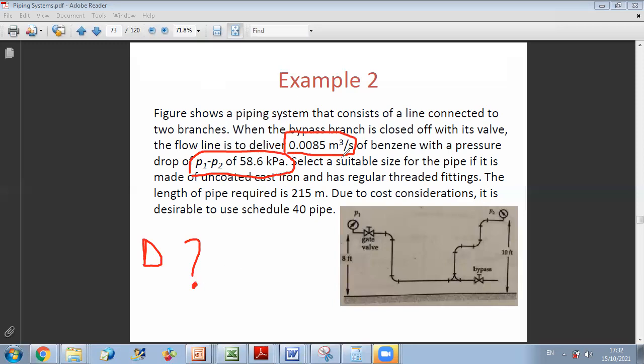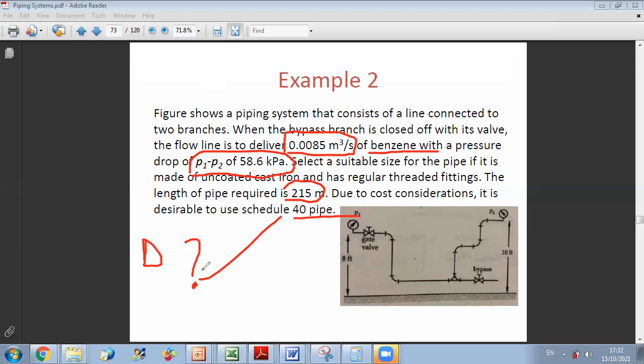Then always as a first step, we try to find everything needed. First we have the type of fluid, benzene, so we can get rho and mu. We have the value of length, 215. We have the schedule, but we don't know the diameter. We want to determine what it should be.